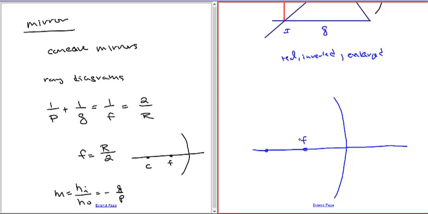So here's a focal point, focal point, center. We're going to put the object right there. So if you go to the focal point, it bounces back through the focal point. Now through the focal point, it goes this way, and then it bounces off.